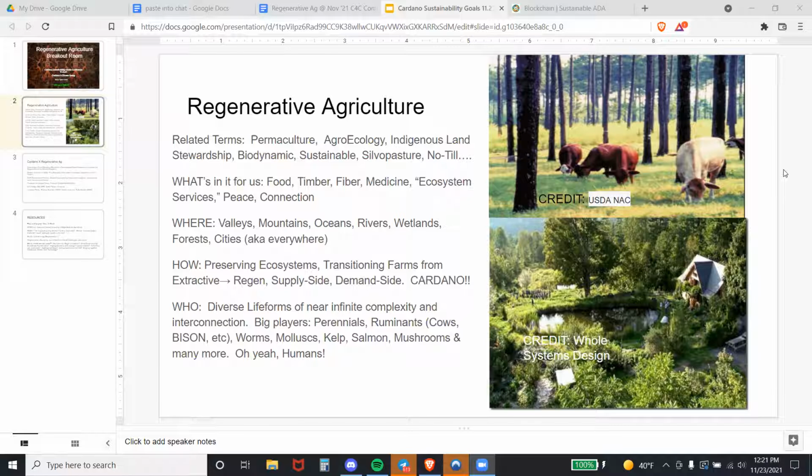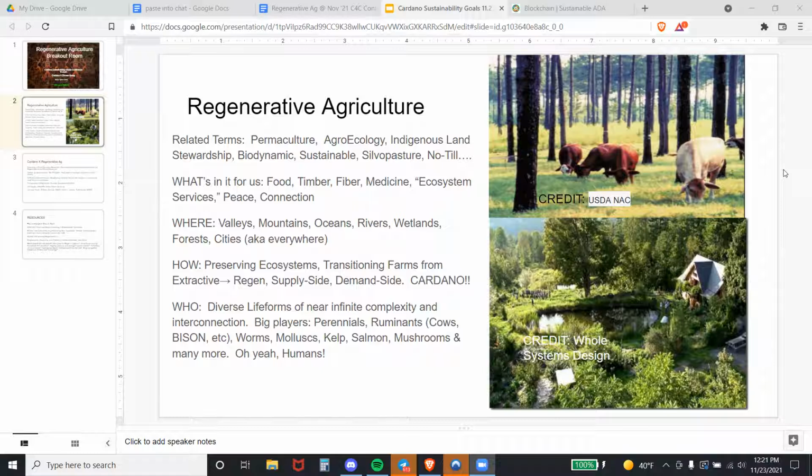That's really key. But then there's also great opportunities taking depleted soils, dead soils, soils that are diminishing, and getting regenerative practices onto those. So the transition from extractive to regenerative is a really important thing. We can look at it economically, from the supply side, from the demand side. And we're all here to think about the ways that we can play a role using Cardano to make that happen.